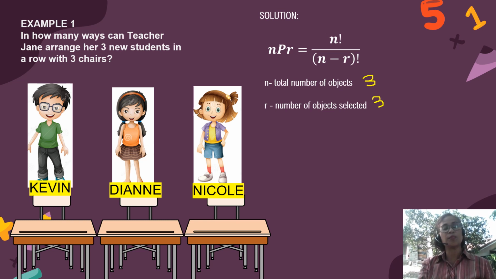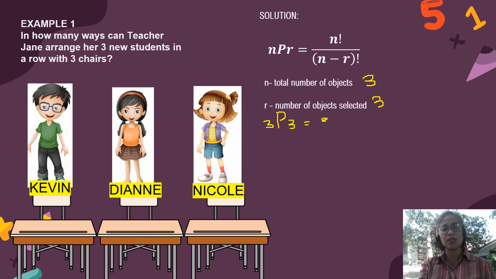Then using now the formula nPr, this will become 3P3. Instantly, in your calculator, you'll just look for the key nPr and you just punch 3P3, you are going to get an instant answer. But for now, we are going to use the formula n factorial.